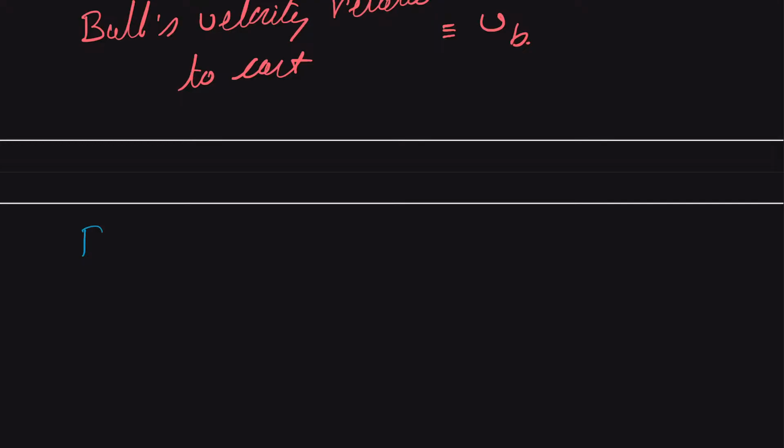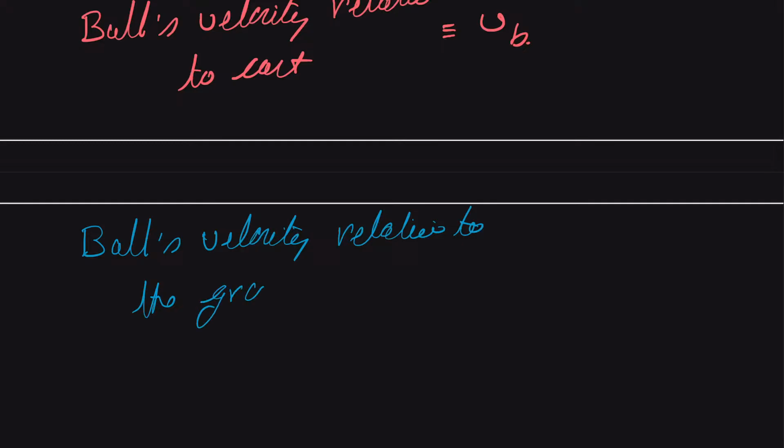So the ball's velocity relative to the ground, let us call this VBG, will be equal to the final velocity of the cart and the velocity of the ball. So this is the ball velocity relative to the ground.